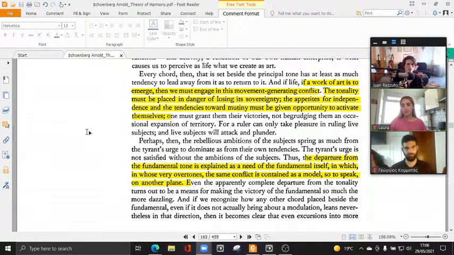Where is the conflict in a modulation? Where is it? I mean, what is this movement-generating conflict? Tonalities? Yes, of course. But what he's referring to is that when you're composing or analyzing a piece, you have to see what triggers that. A modulatory process is not just putting a chord and that's it.